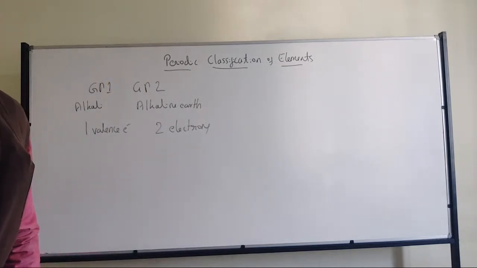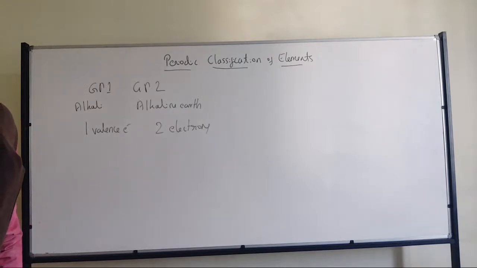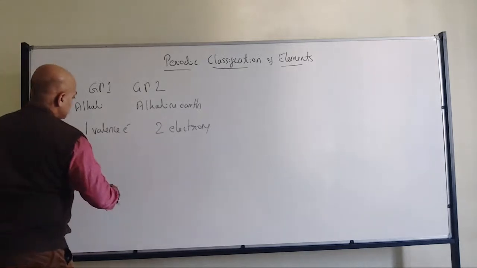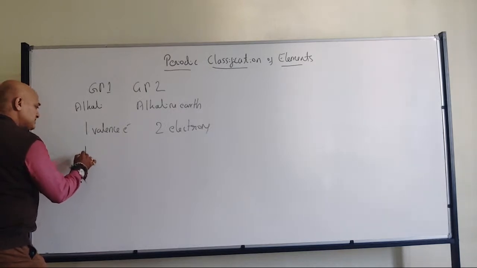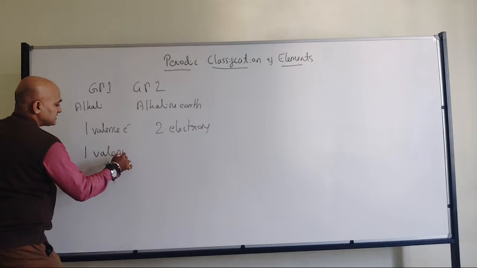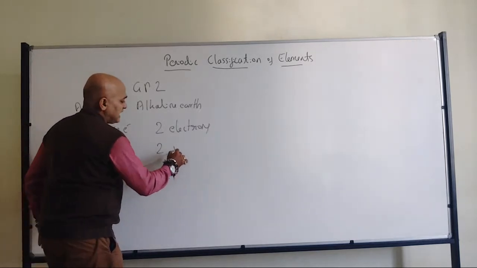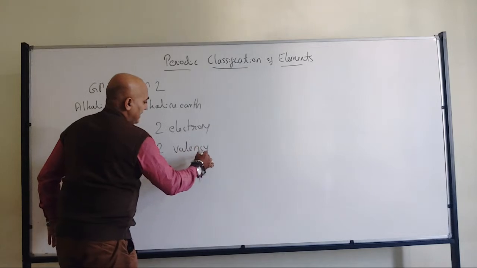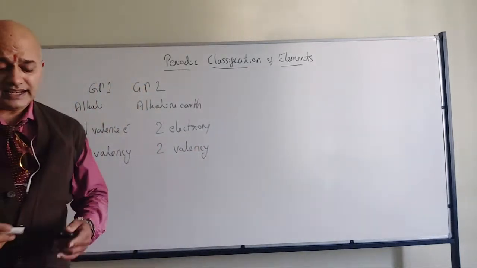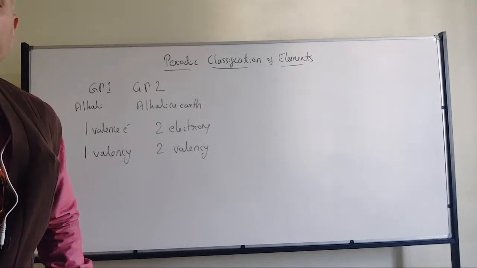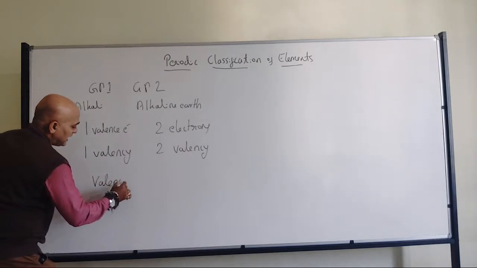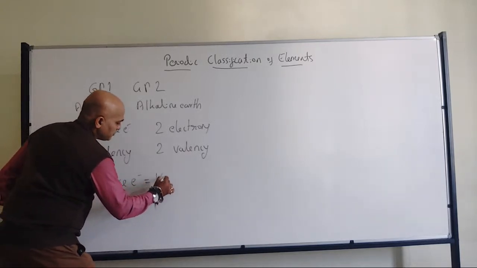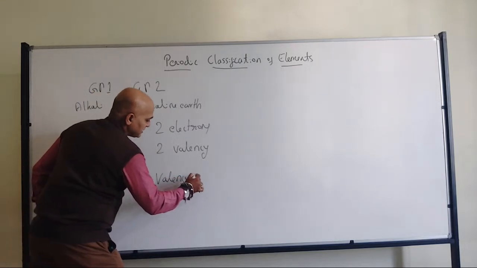If that is the case, when it comes to valency, alkali metals once again have one as their valency, and alkaline earth metals have two. So what I mean to say is, when it comes to S block elements, the valence electron is equal to the valency of the element.